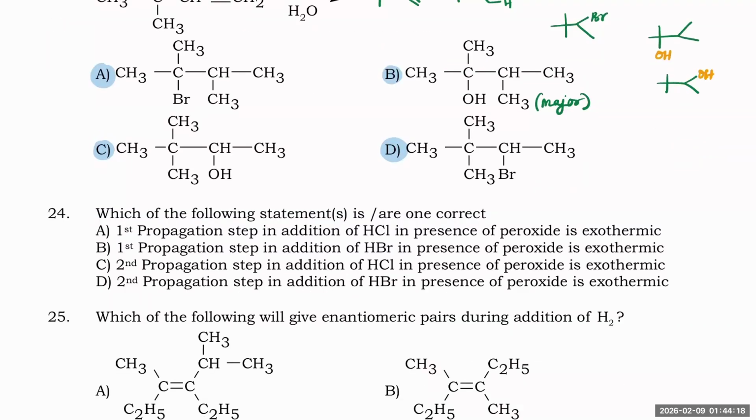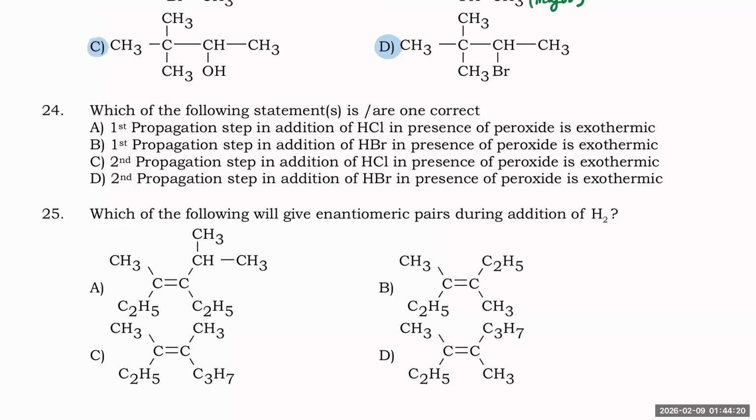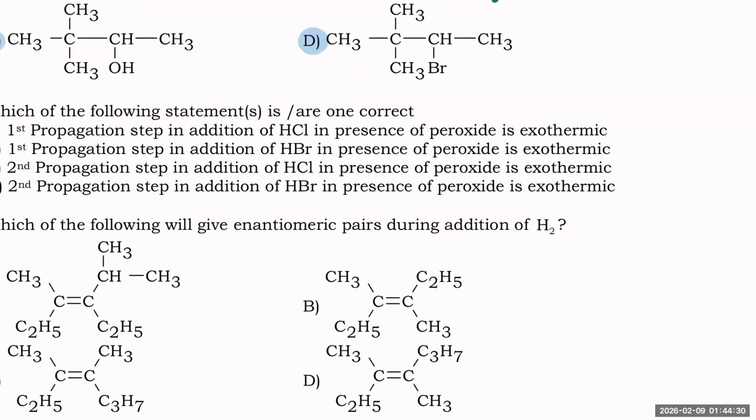Next, check out which of the following statements is correct. First propagation step in addition of HCl in the presence of peroxide is exothermic. So we need to check what is happening in this first reaction. See, the first propagation step is this one: HO dot, because it is coming from peroxide, or RO dot, you can take anything, when you treat with a double bonded carbon here.